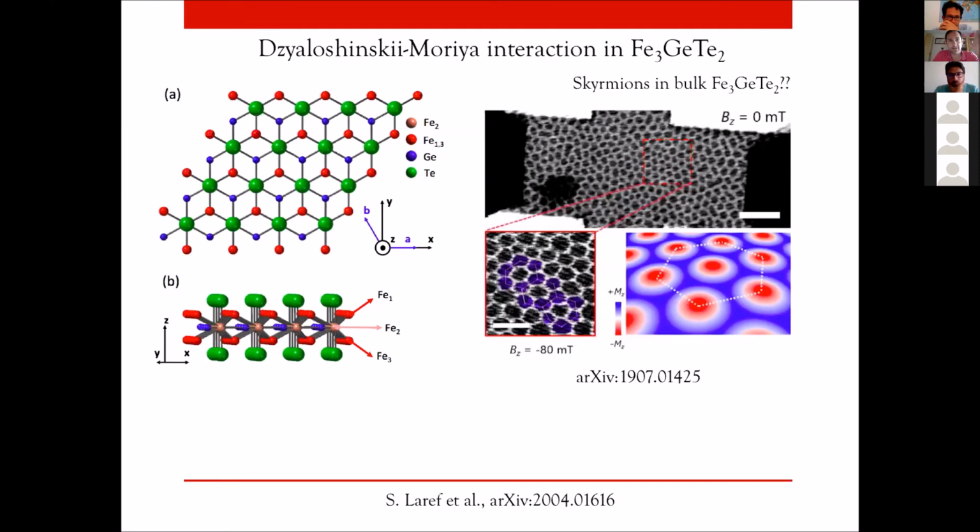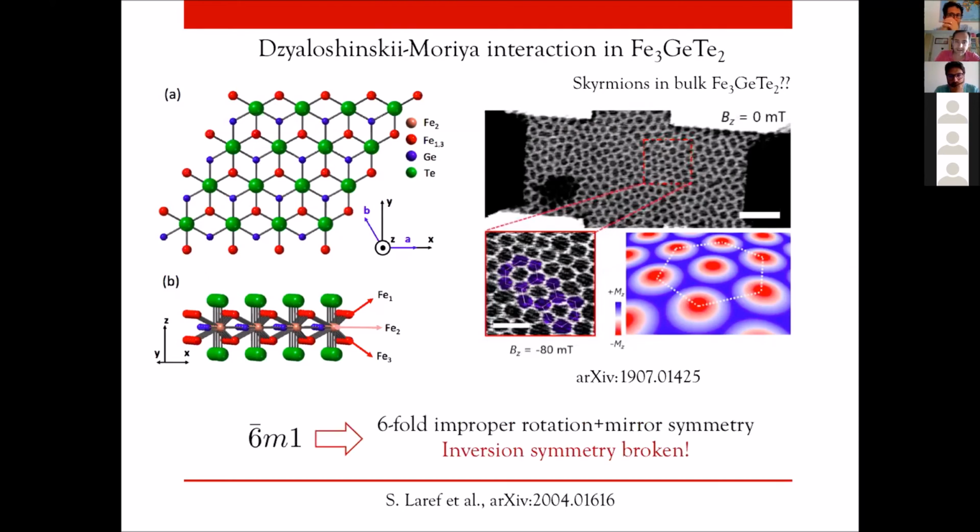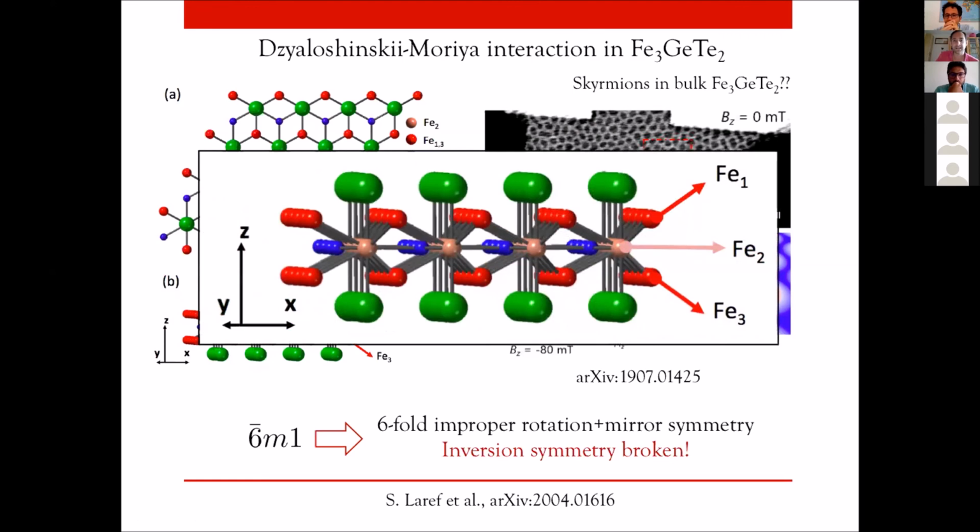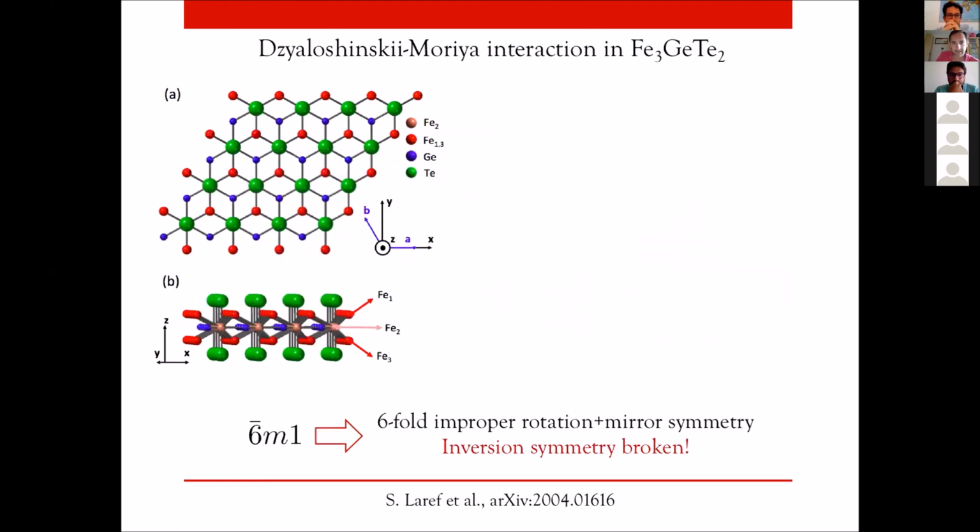You do not get the Dzyaloshinskii-Moriya that would stabilize Néel skyrmions. I will go quite fast here because I don't have much time; I probably have 10 seconds left. There's a mistake here, it's 6 bar M2. If you look at the point group of this system and analyze it, let me move on.